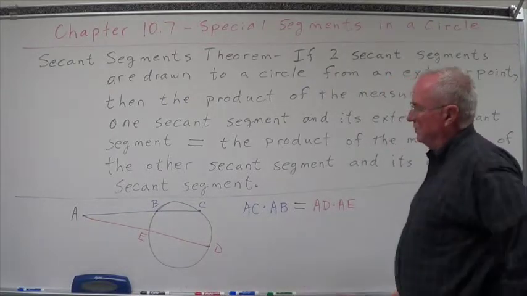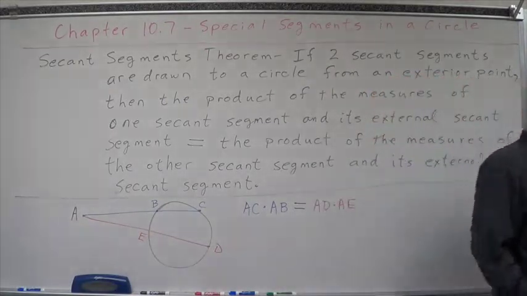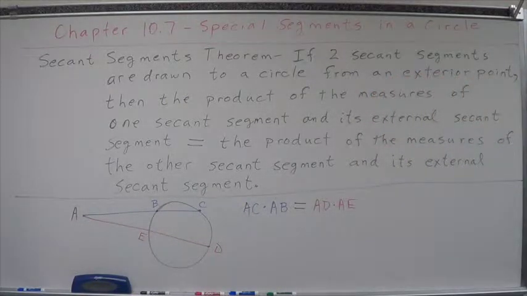We have a circle. We have an exterior point A. We have secant AC that is drawn through the circle, and it goes through one part of the circle at B and ends on the circle at C. We have another secant that starts at the same point A. It goes through the same circle at E, and it ends on the circle at D. Okay?